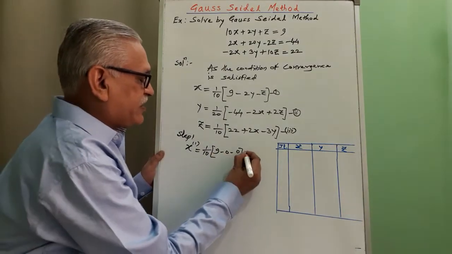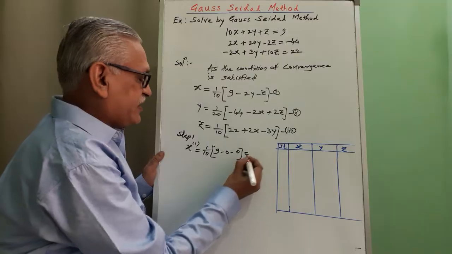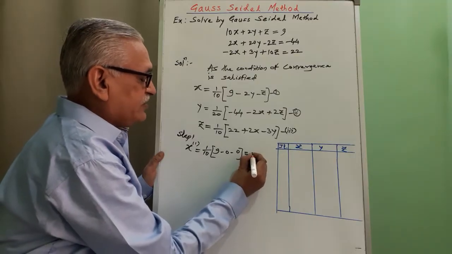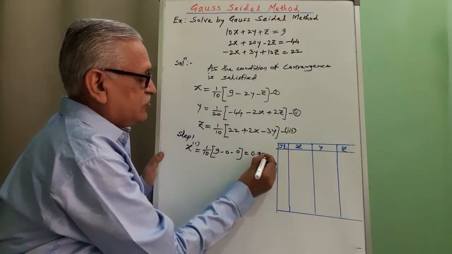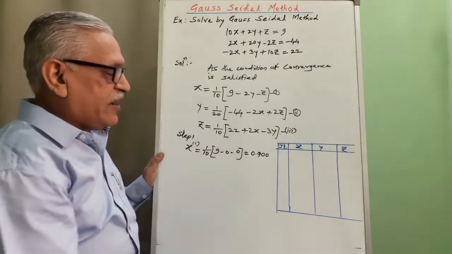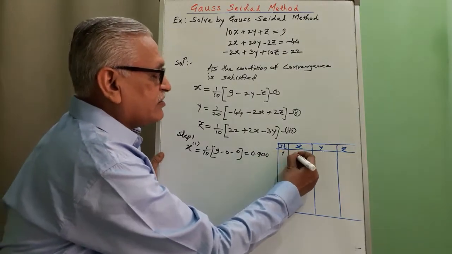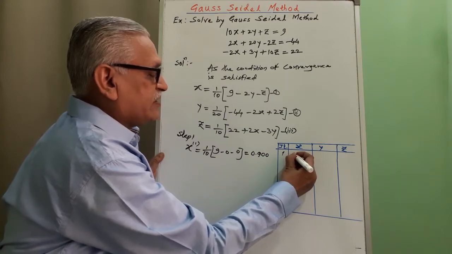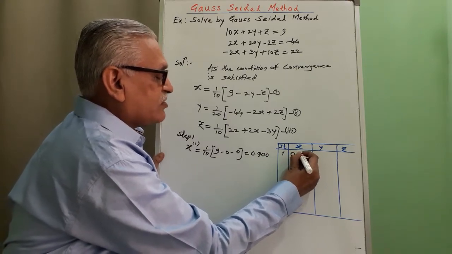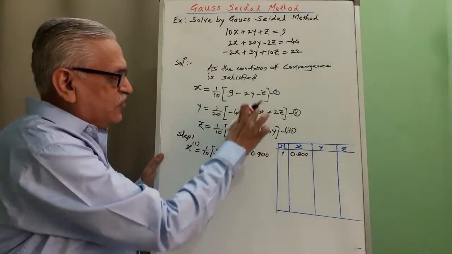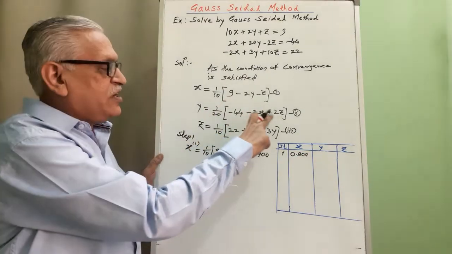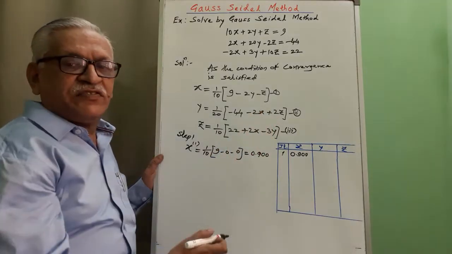Therefore we get 9 by 10, which is 0.900, and we put that value in the table. The first value of x is 0.900.